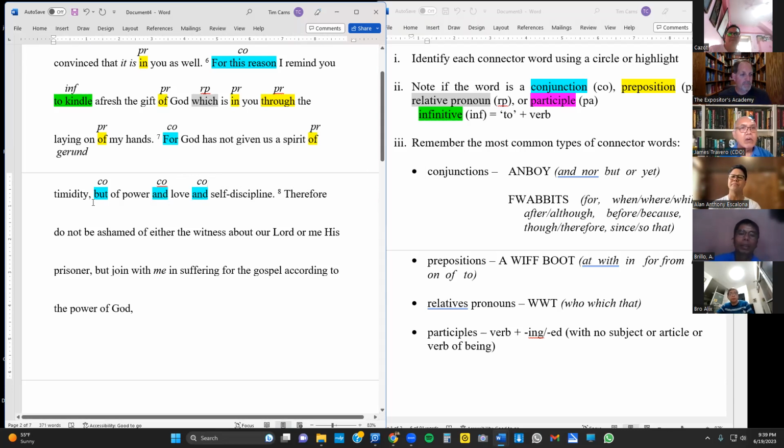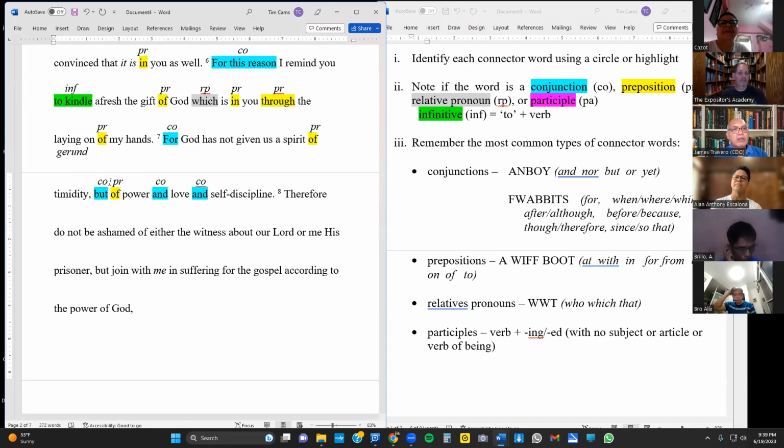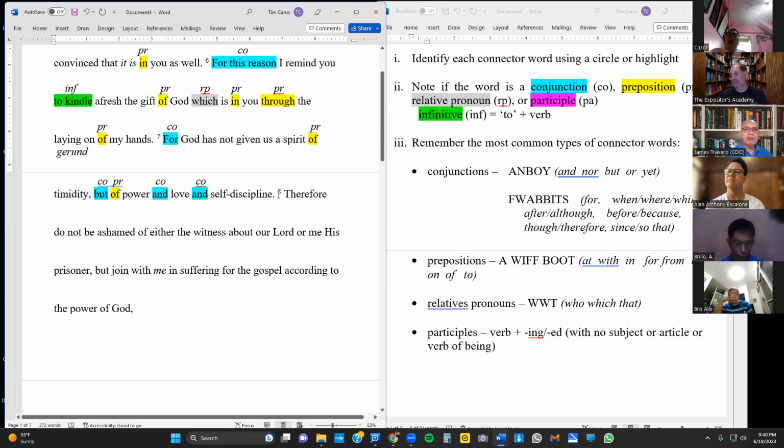God has not given us a spirit of timidity, but of power. So it's another preposition, isn't it? Great. Okay. Anyone, do you see any others in verse 7? No more. I think you got them all. Good job.